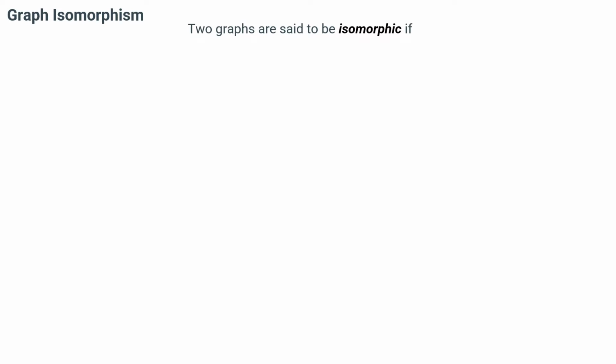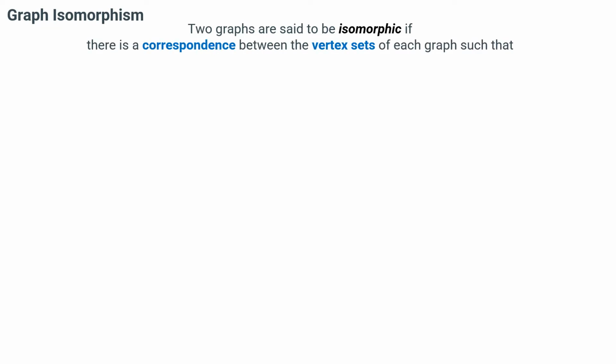Two graphs are said to be isomorphic if there is a correspondence between the vertex sets of each graph. Remember, graphs are made up of sets of vertices and edges, right?